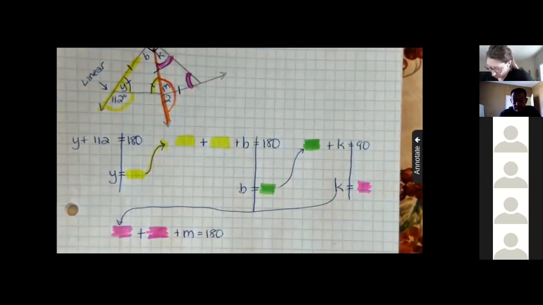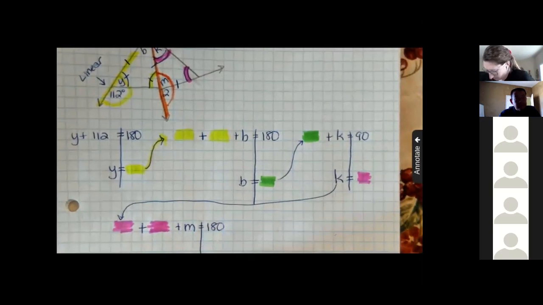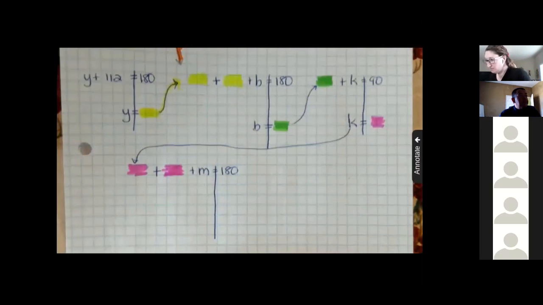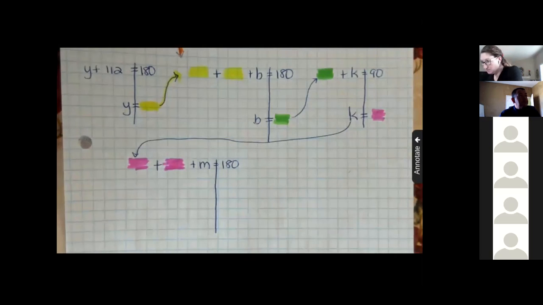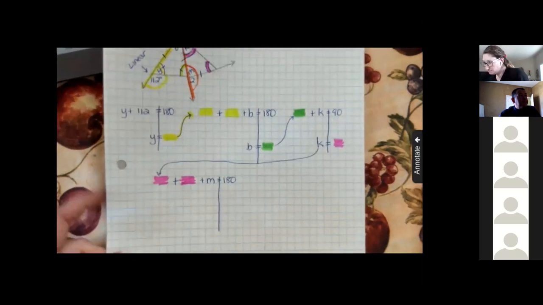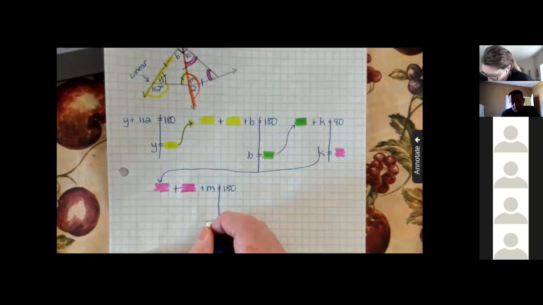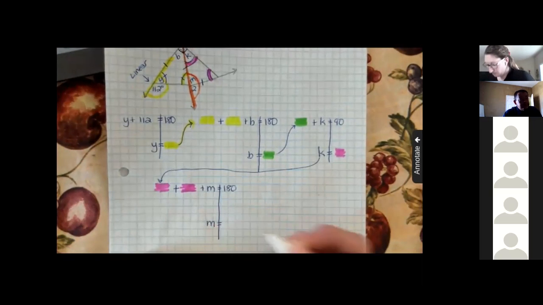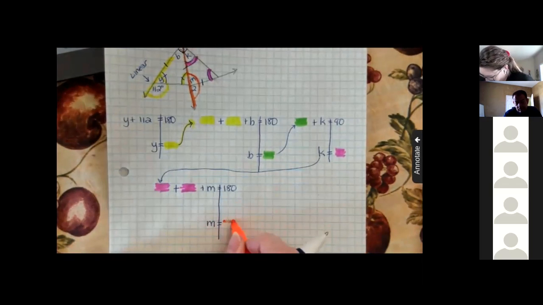So this is how this works. We're going to combine these, moving up. Let me zoom out so you can see this a little bit. This one's a big one. And you're saying, what does M equal? I don't know, but I'm going to find out. And I'm going to make M orange because I know it's part of the linear pair.